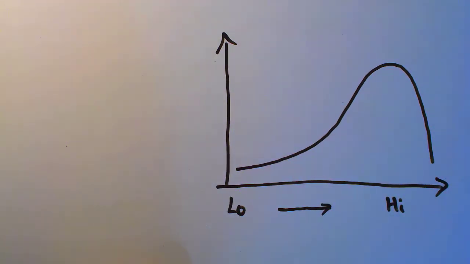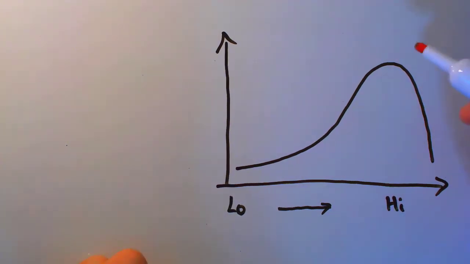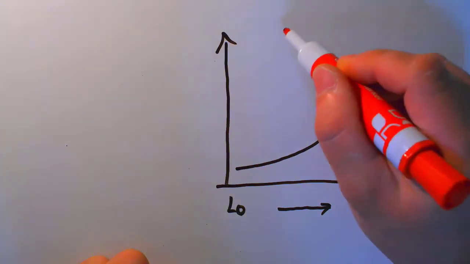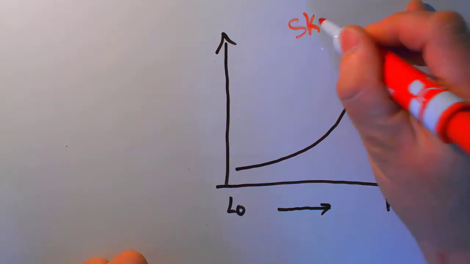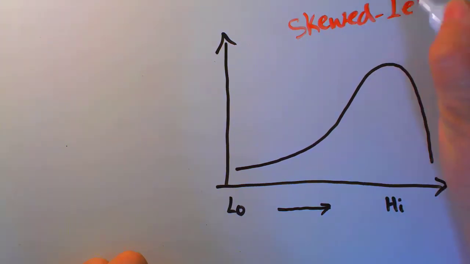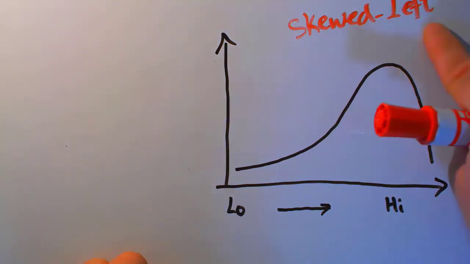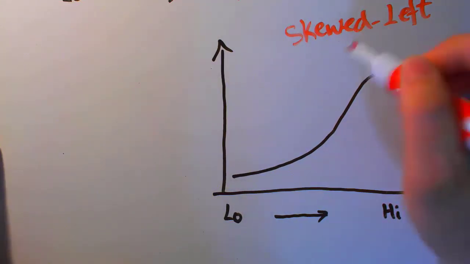So you can start making a guess, and your guess is correct. We refer to this shape as skewed left. The long tail extends to the left, and that's why it's called the skewed left distribution.